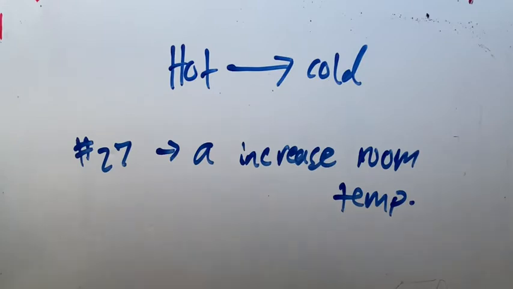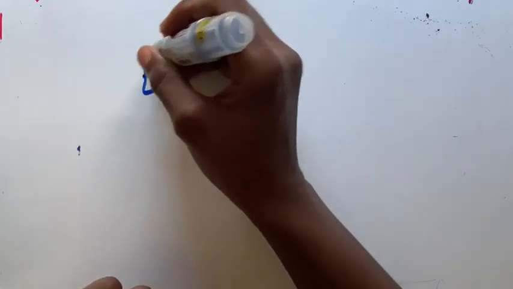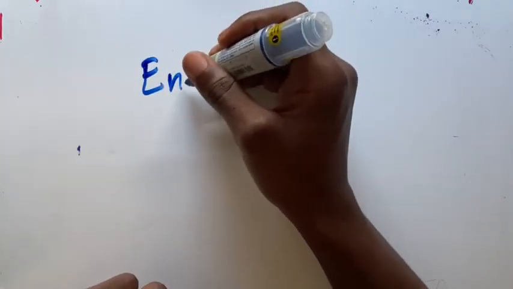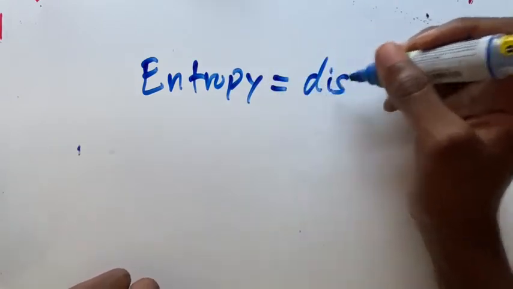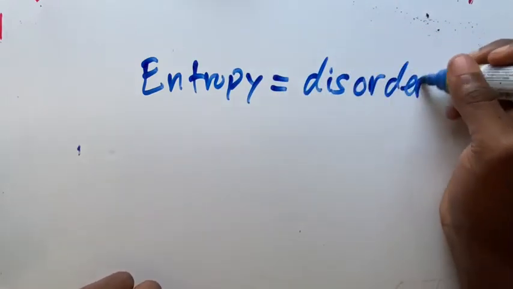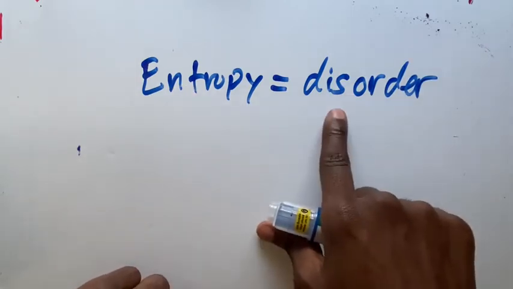28 says, as entropy in the system increases, energy within the system does what? Well, remember, we could think of entropy as basically the same as disorder. So as entropy increases, disorder increases.